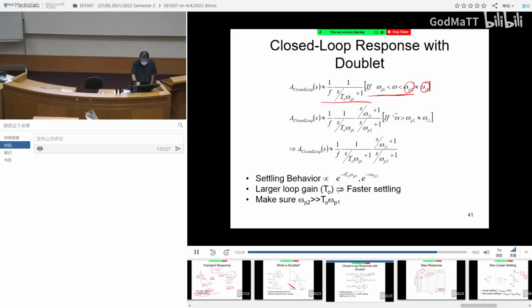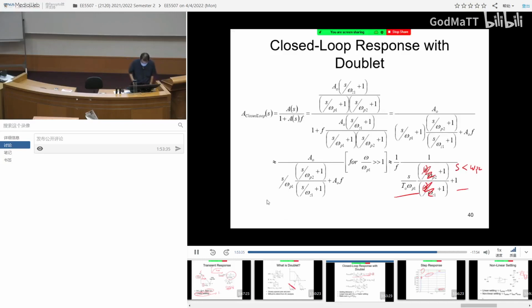But for frequencies bigger than this, we can do some simplification. If this frequency is big, this whole thing, including this term, is going to be much bigger than 1.